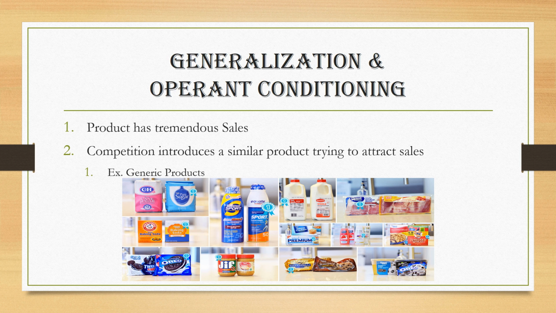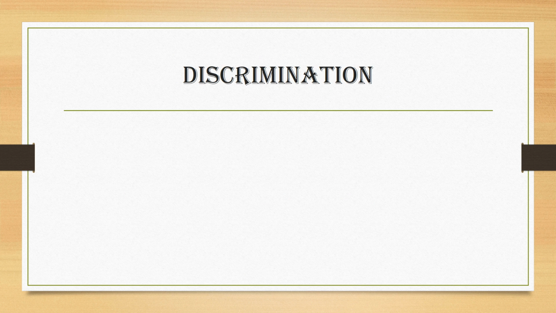A lot of times they will put it in similar packaging. They will put it out there as a generic, because a lot of generics are that way, but they're less expensive. But they look an awful lot alike. The way they're packaged looks very similar to the competition, and that is by design. This is an example of generalization in operant conditioning. Buy my other product, save a little money, and get the exact same result. Once again, the competition loves generalization, and the original company not so much.